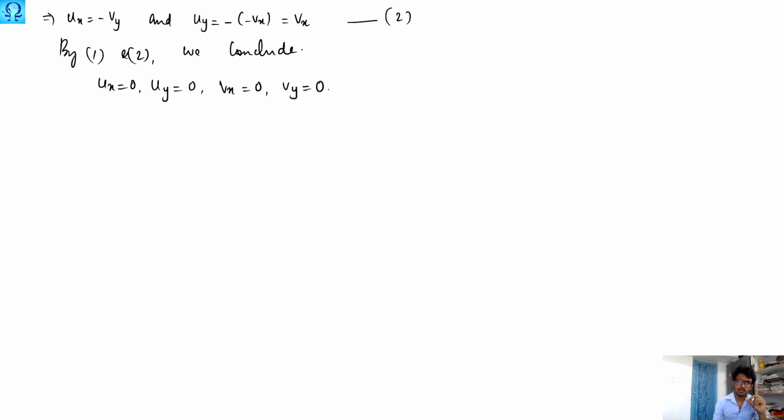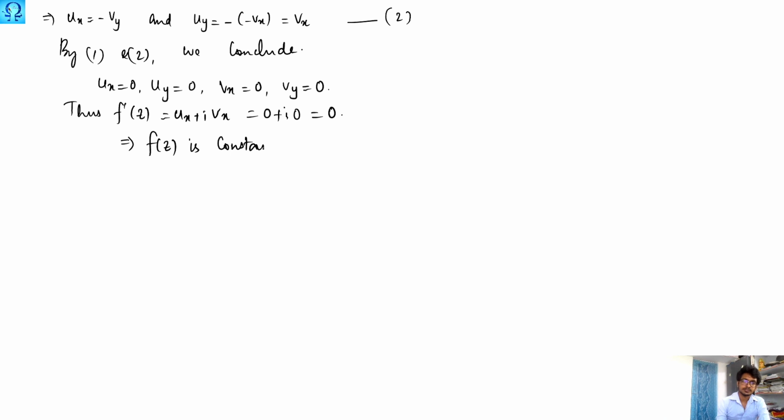This is possible only when your ux is 0. So when ux is 0, that trivially tells us that vy is also 0. Similarly, we can prove uy and vx are also 0. Thus f prime of z is ux plus iota times vx, which is 0, plus iota times 0, which is 0. By the previous theorem we can conclude that f of z is constant throughout the domain D.